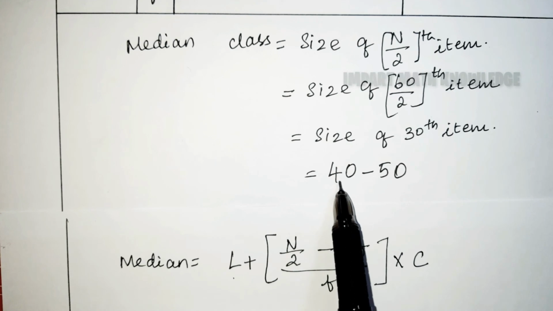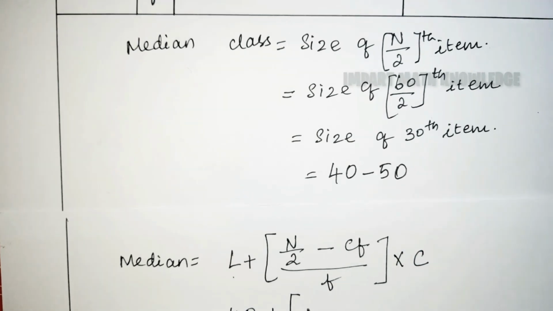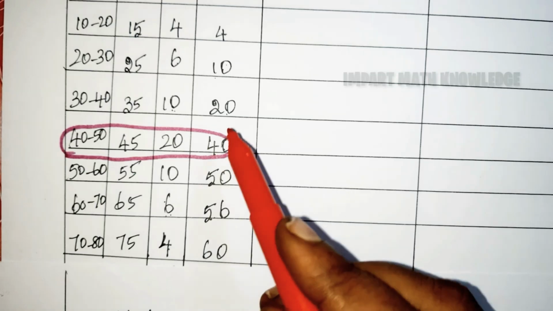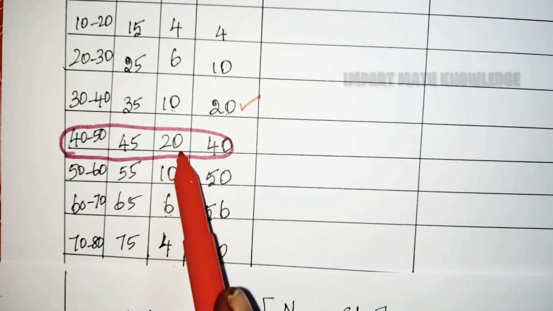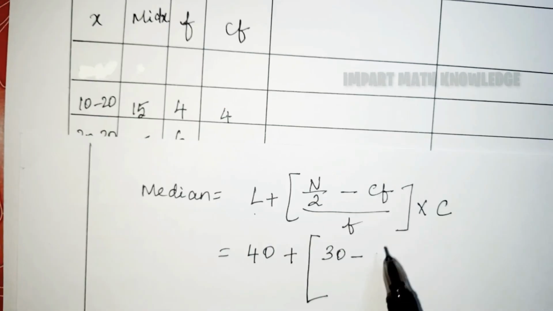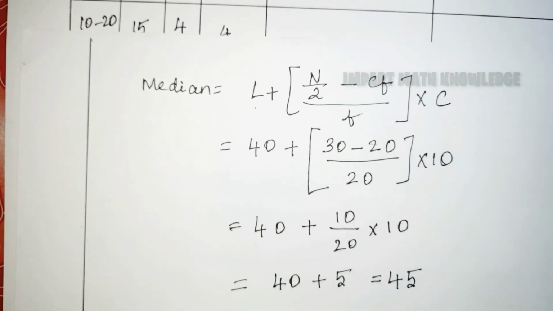L is equal to 40 plus n by 2 is 30 minus cumulative frequency preceding the median class is 20. Frequency in the median class is 20, into length of the class interval is 10. Median is equal to 45.